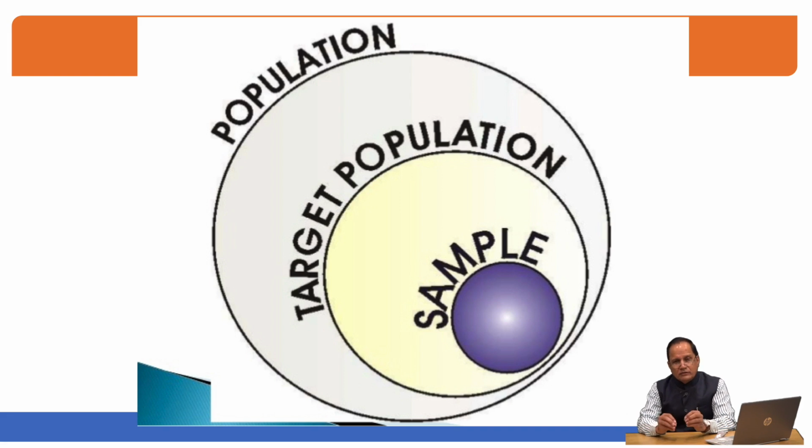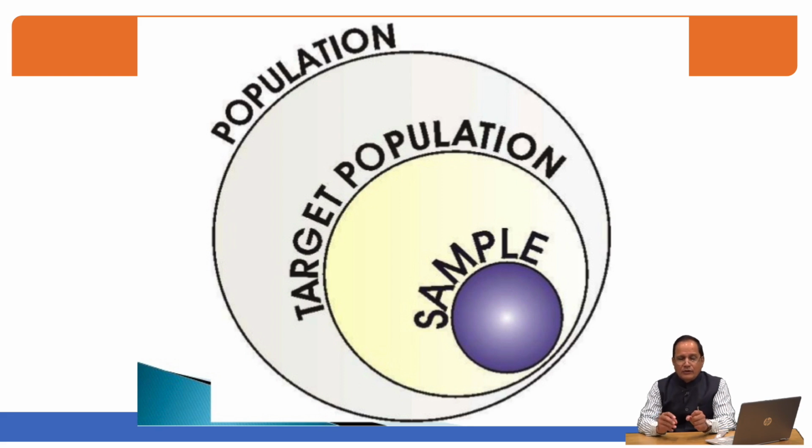So, simply understood, the census study is when all the subjects of the population are taken into consideration for conduction of the research study, that is, for collection of data.